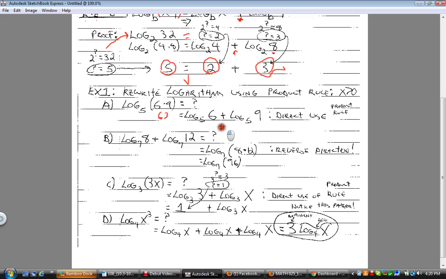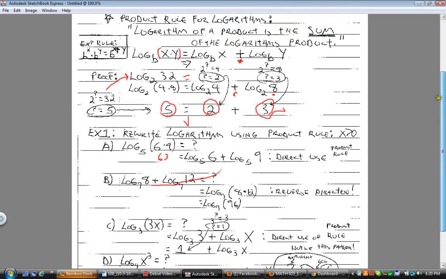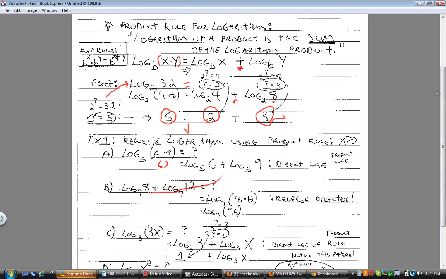Okay, moving our way down to example B. This one, you have to keep your eyes open here because these rules go in both directions. And so up here in my notes, you might think of it starting off with the results with products being separated into the sum of the products with logs.